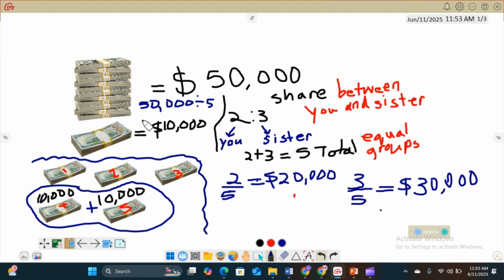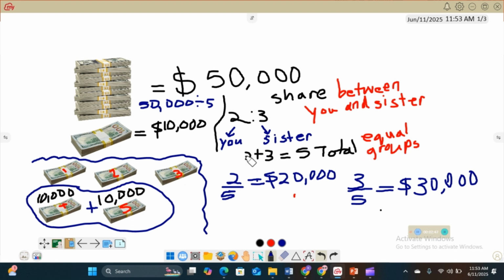So this is my way of understanding and applying it to real life. Ensure that before you start sharing by the ratio, you first group the quantity into some equal parts, and the equal parts will come from the total of the given ratio.